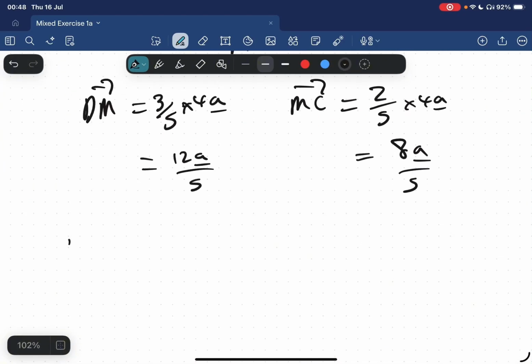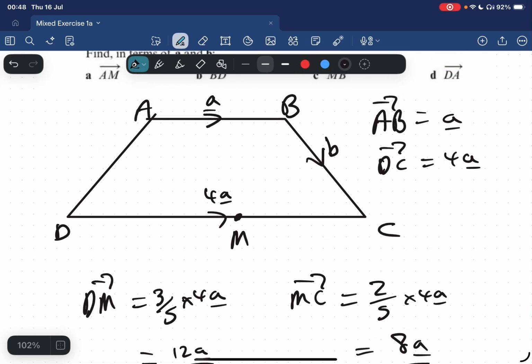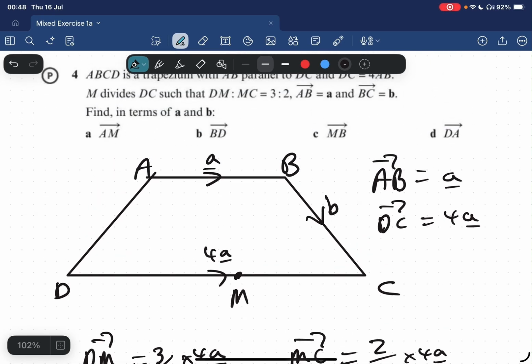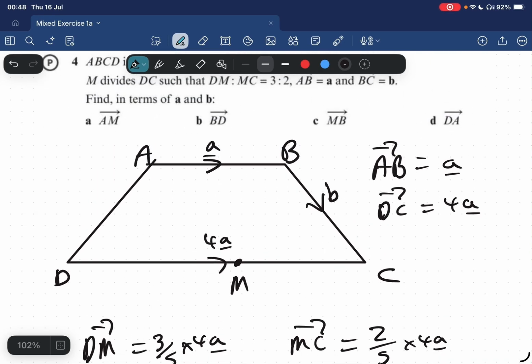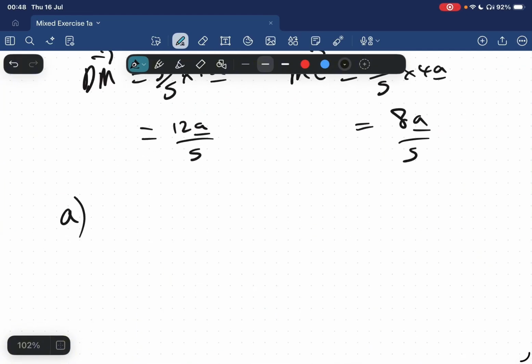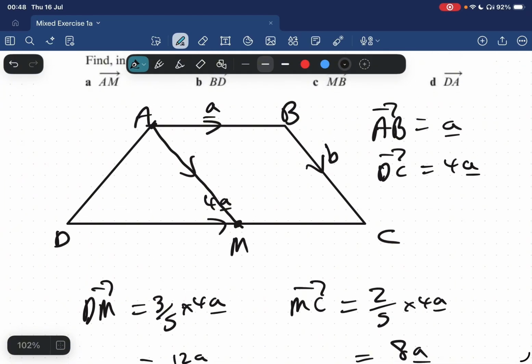So first we want A to M. Let's always draw it on our diagram, A to M. We can't go this way because we don't know what A to D is yet, so we're going to have to go the long way. We start at A, so we have plus a, plus b.